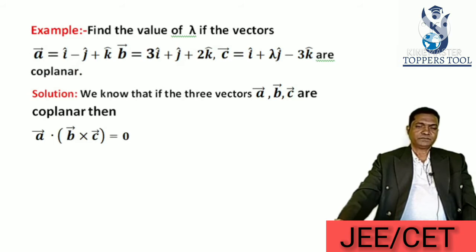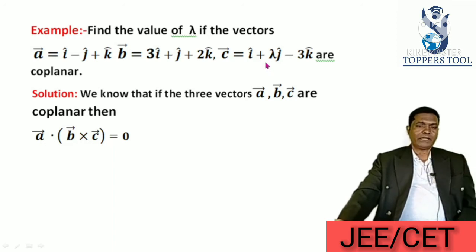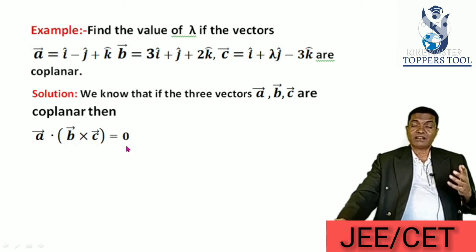Now from the point of view of examination, you will be getting examples of this kind. You are asked to find the value of lambda, given that these three vectors, vector A, B, C are coplanar. We know that when the three vectors are coplanar, their scalar triple product is 0.